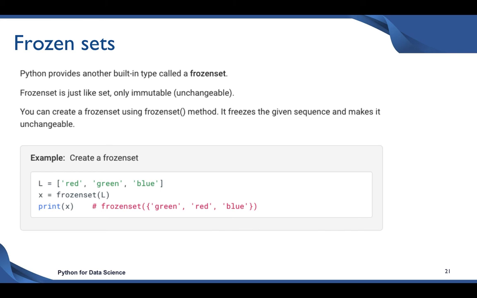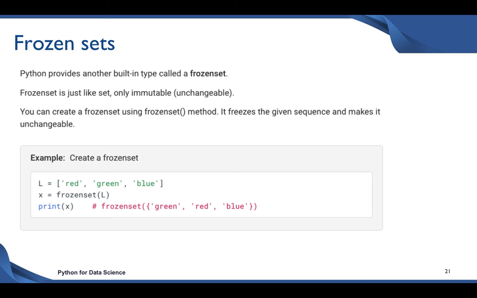Immutable: strings are immutable, tuples are immutable, integers are immutable, right? And the last part is that frozen sets are also immutable, right? Frozen is a name given to a set which is immutable. So we have made this set as frozen, right? So frozen set is just like another set, but only immutable.